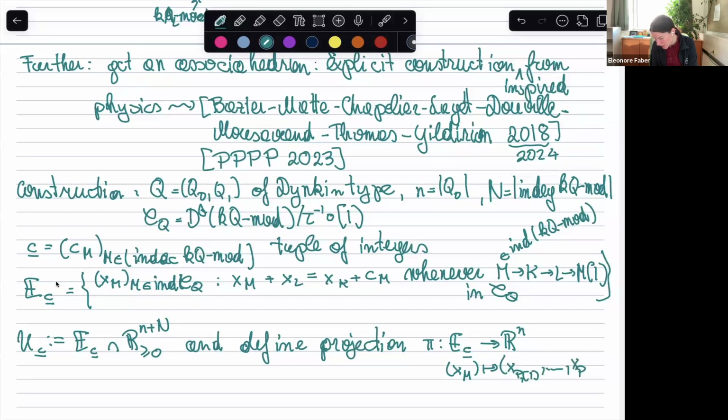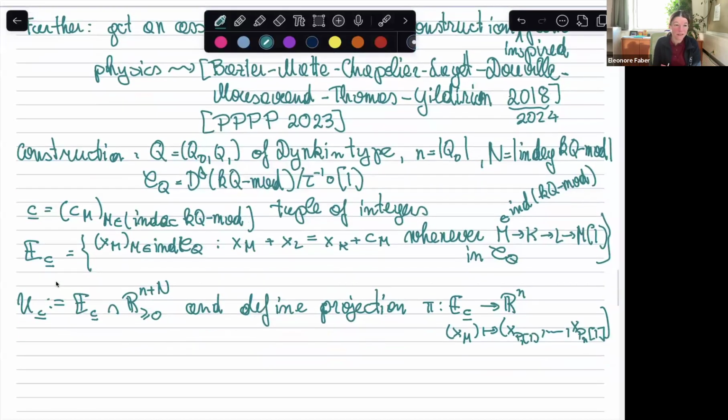So you only get down to n. And so then you project something finite onto a polytope in Rn, and this thing is called AC.